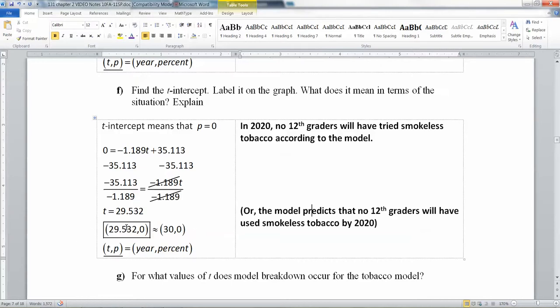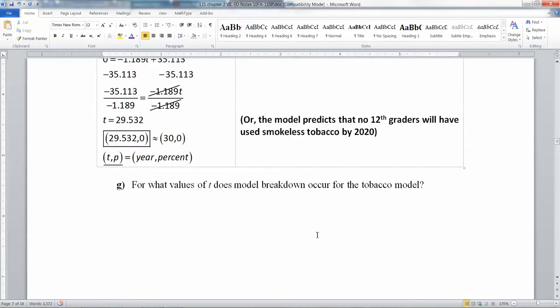They have the x and they have the y, in this case the t and the p, and you have to explain both of them in a way that makes sense. And you always want to throw in this approximate, exactly, into 2020 according to the model, something like that. Just to say it's not really going to be this way, but it should be close, at least as far as the model is concerned.